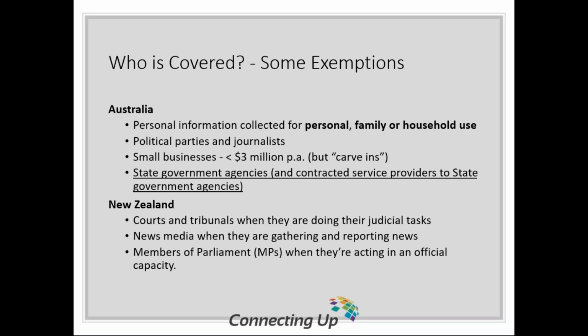There are some exemptions. The idea is that for individuals, or if you're collecting information just for your own personal use, for example if you are keeping information to do the school tuck shop or your soccer club or something like that, then that will be outside the operation of the Privacy Act.